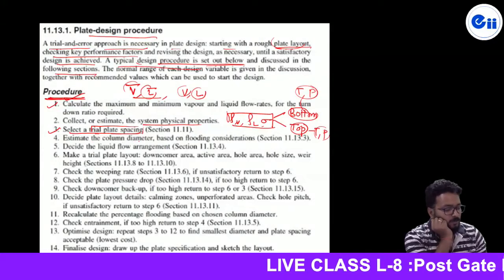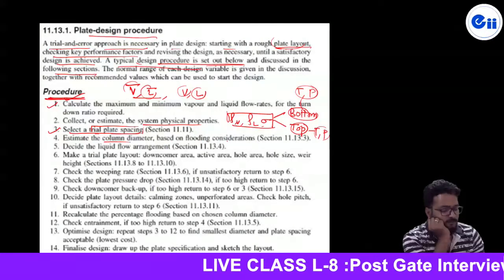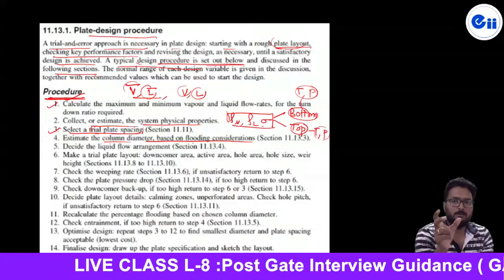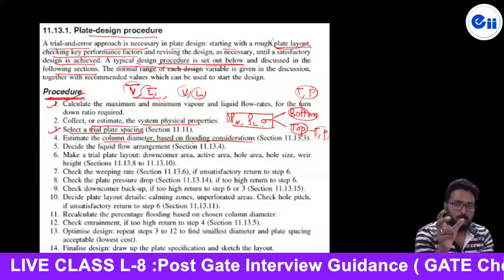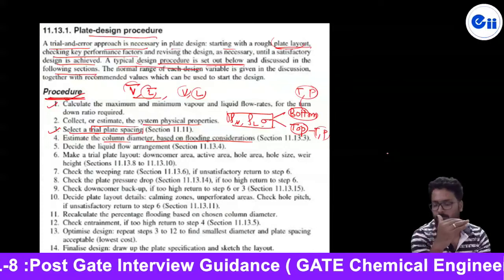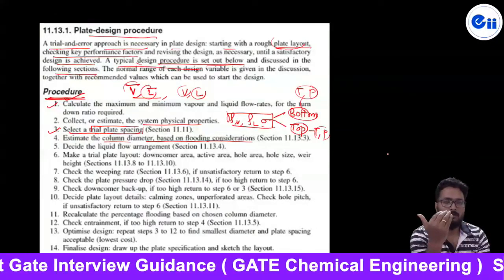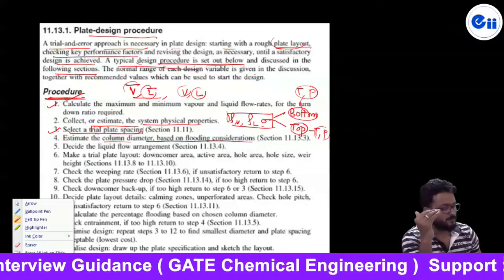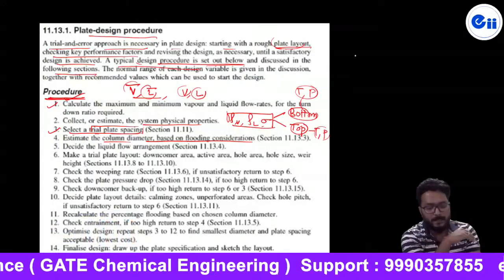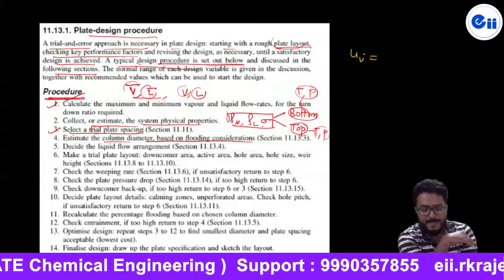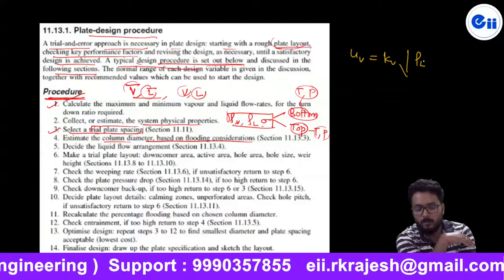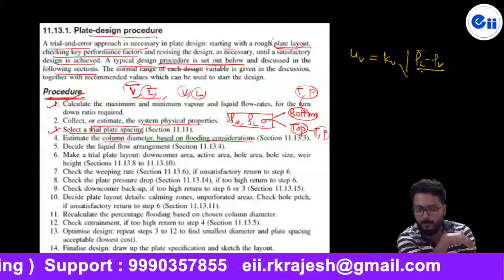Now estimate the column diameter based on flooding consideration. I told you in the last lecture how to calculate the diameter of the column, either rectifying or stripping, on the basis of flooding velocity. By knowing the flooding velocity, I am going to recall that the maximum velocity of the vapor is K_V times the square root of (rho_L minus rho_V) upon rho_V.